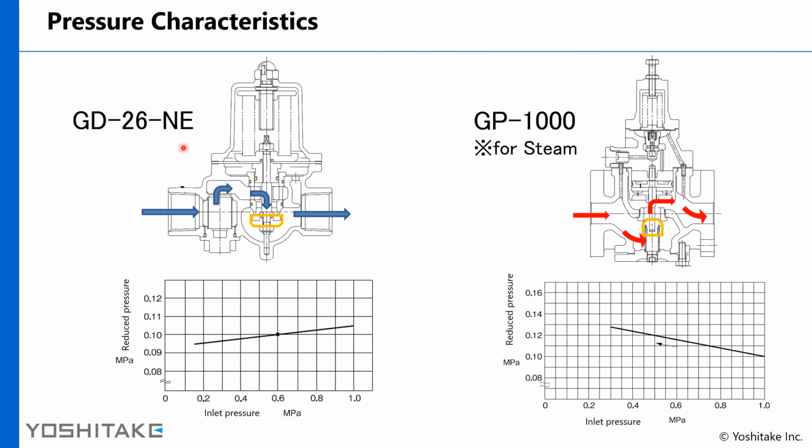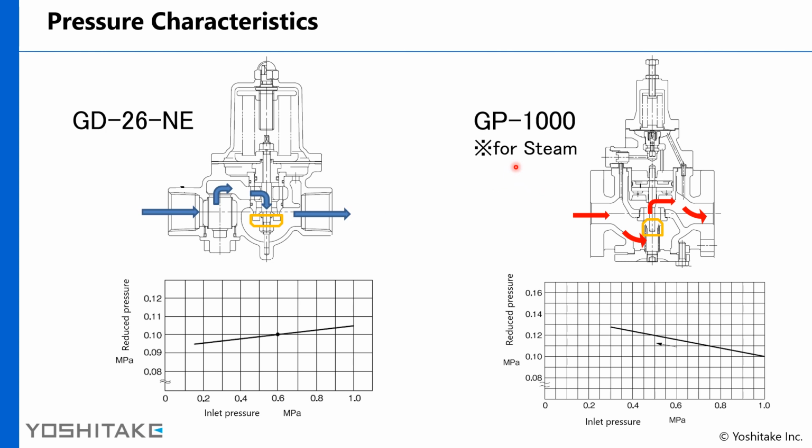For GD26, the water will flow from the left to the right like that. There is a valve that adjusts the opening and closing where water passes in. For this GD26NE, the valve is opening when the water flows.